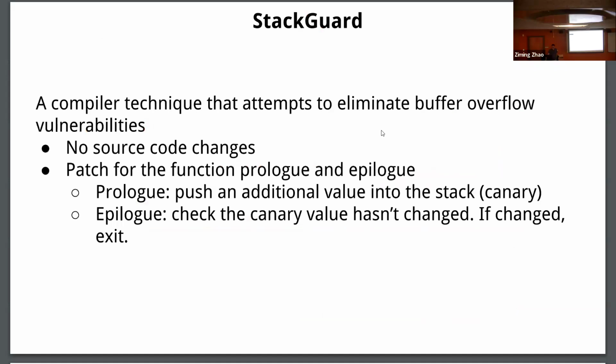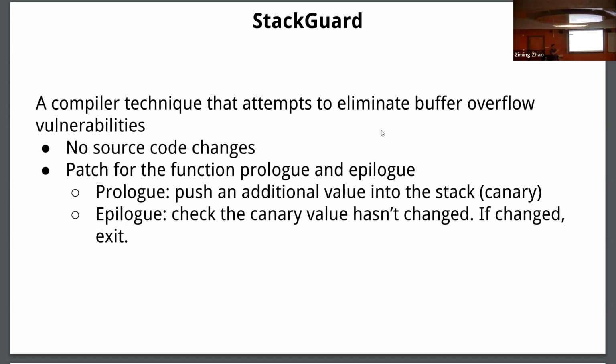The idea of this is very simple. This is a compiler level approach, which means C programmers do not need to change their source code. They do not need to do anything. This is totally transparent to them. The compiler will try to inject or instrument some instructions in the function prologue and epilogue.